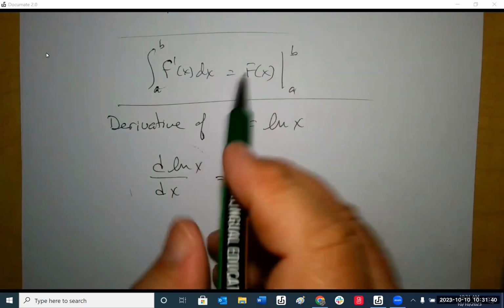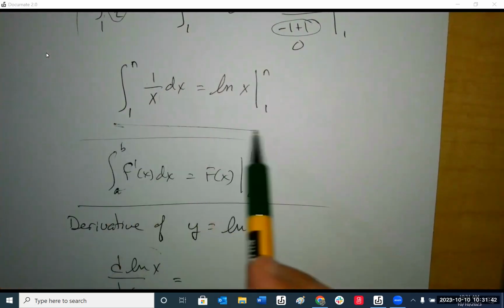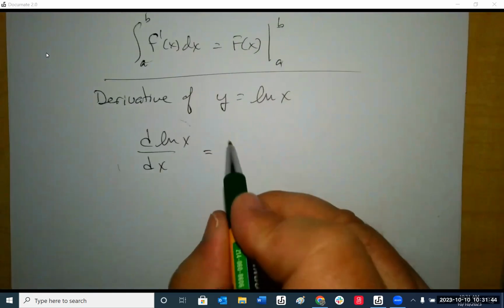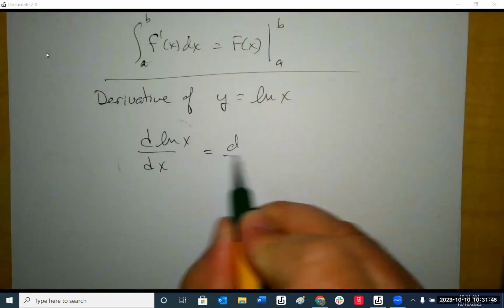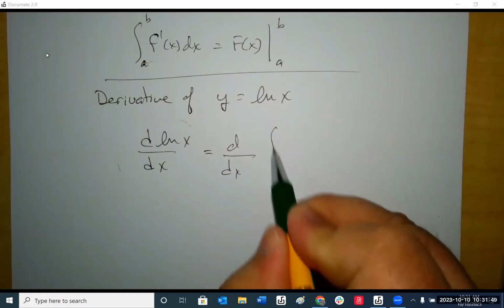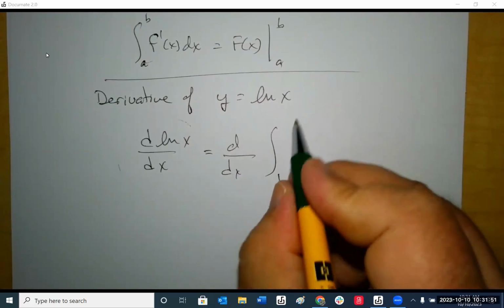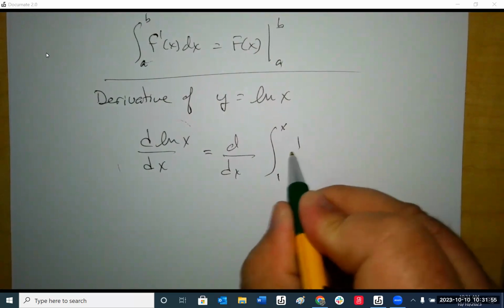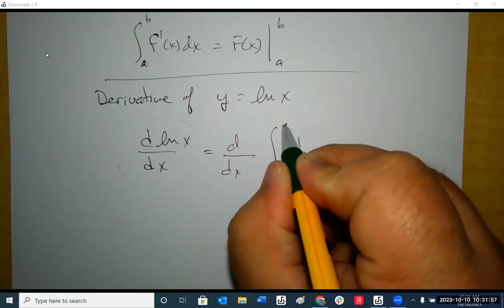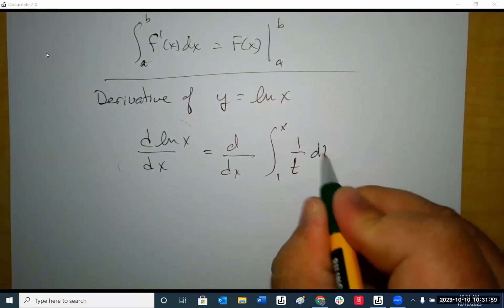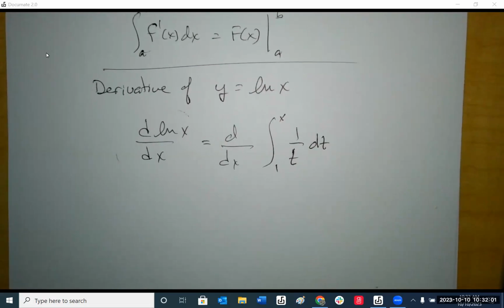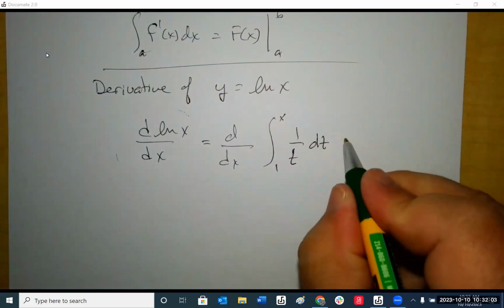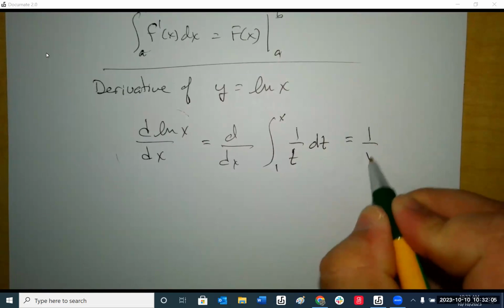Remember, from up here, this is the same as saying the derivative with respect to x of our integral from 1 to x of 1 over t dt is equal to 1 over x.